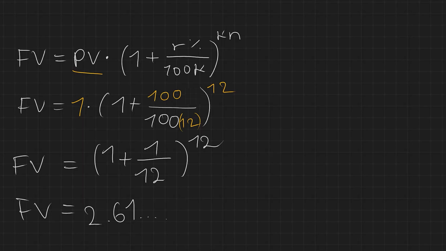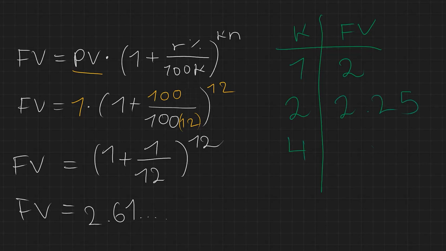In terms of the compounding periods, which is k, and we look at the actual future value that we ended up with, when we compare these values, we can see that when k was simply 1, we got a future value of 2 at the end. But when k was 2, we got a future value of 2.25 at the end. When k was 4, we got a value of 2.44.